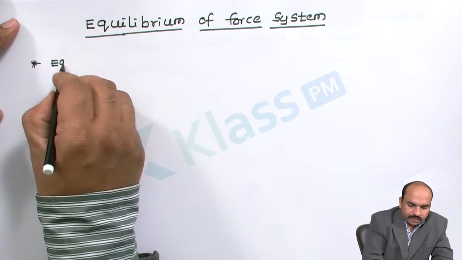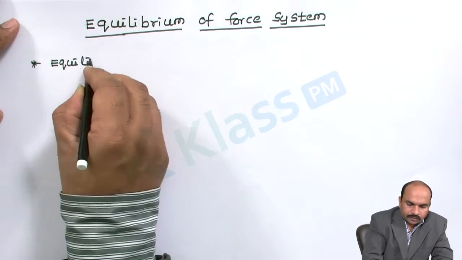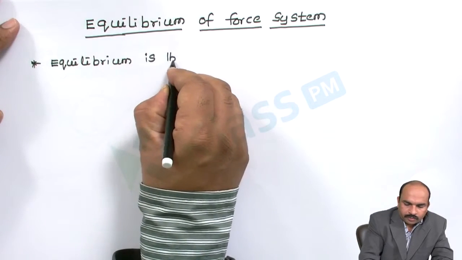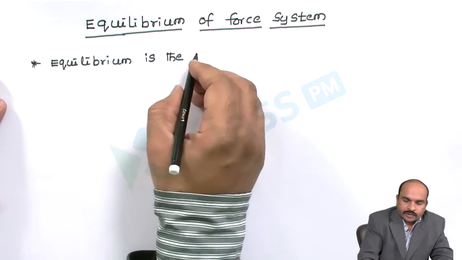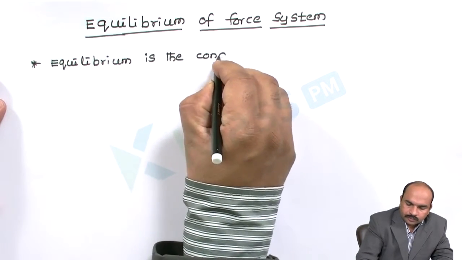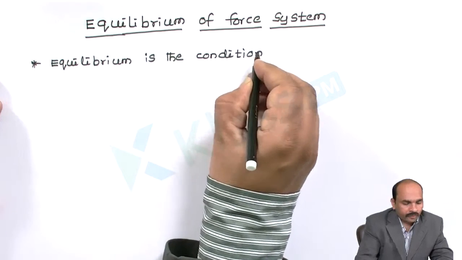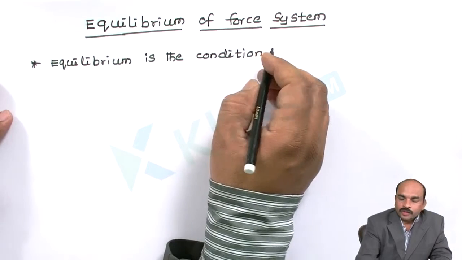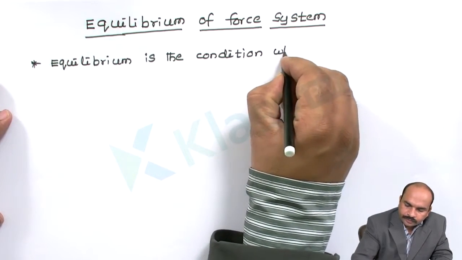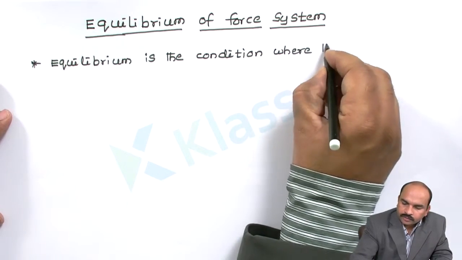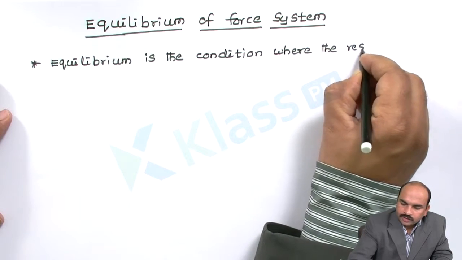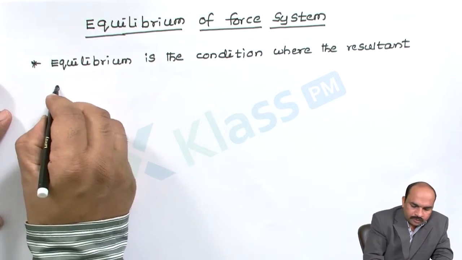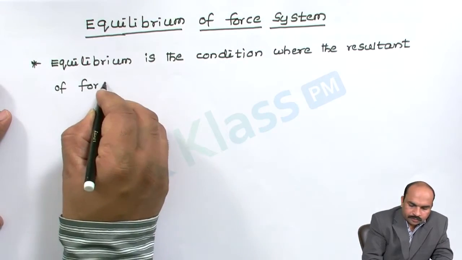Equilibrium is the condition where the resultant of the force system will be equal to zero.